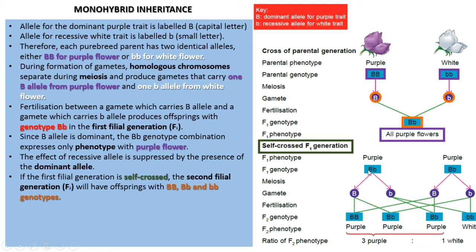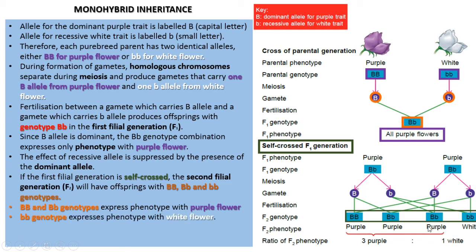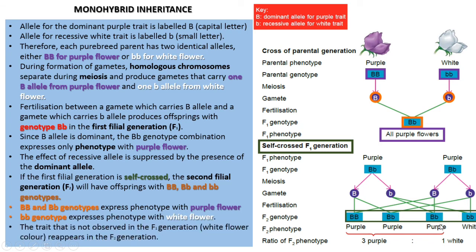So bila dia cross, dia akan menghasilkan B besar purple flower. Okay, B besar b kecil, B besar b kecil is purple flower. So the ratio produced, okay, 3:1. Okay, b kecil b kecil is white flower. So 3 purple is to 1 white flower appear in F2 generation.